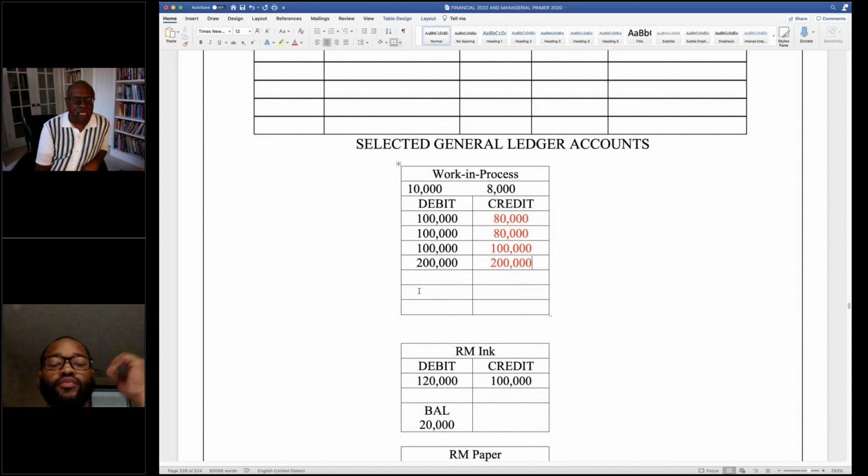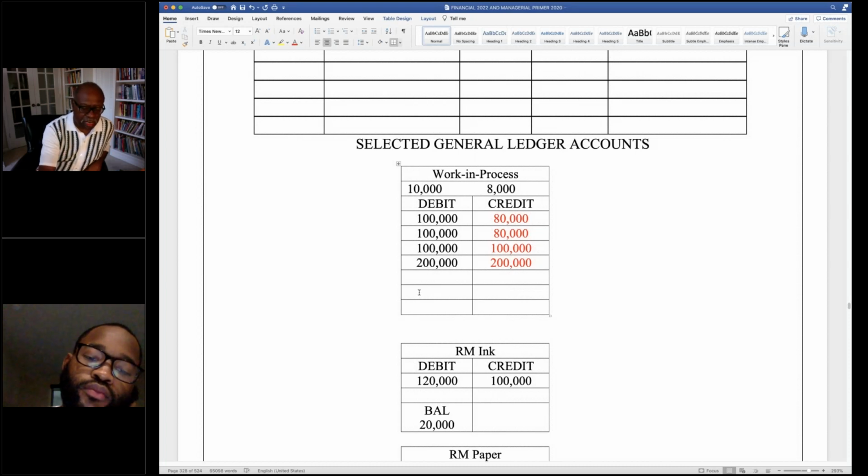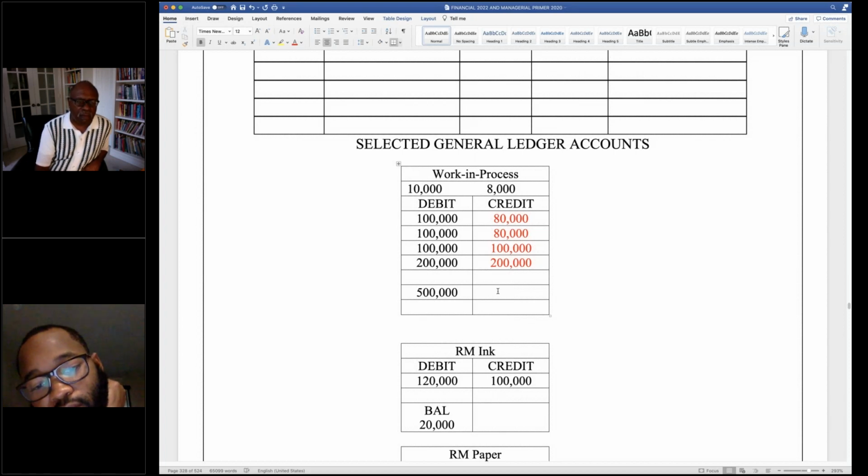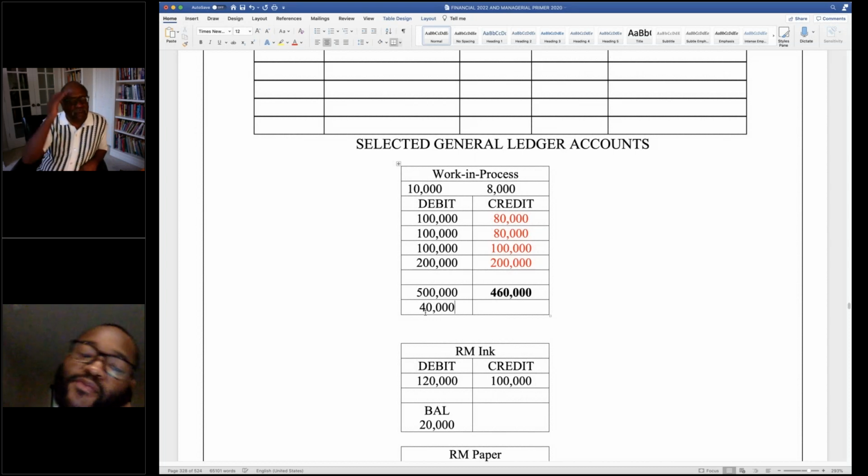So when we total these up, we have 500,000 over here for the work in process. But we're transferring out only 460. That's a key number. And the balance in this account is going to be 40,000.